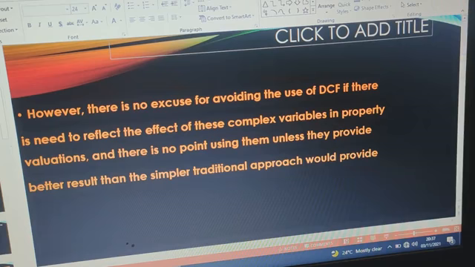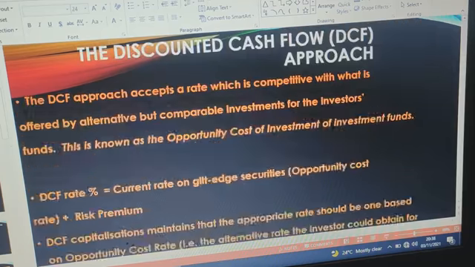However, there is no excuse for avoiding the use of DCF if there is need to reflect the effect of these complex variables in property valuations, and there is no point using them unless they provide better results than the simpler traditional approach would provide.